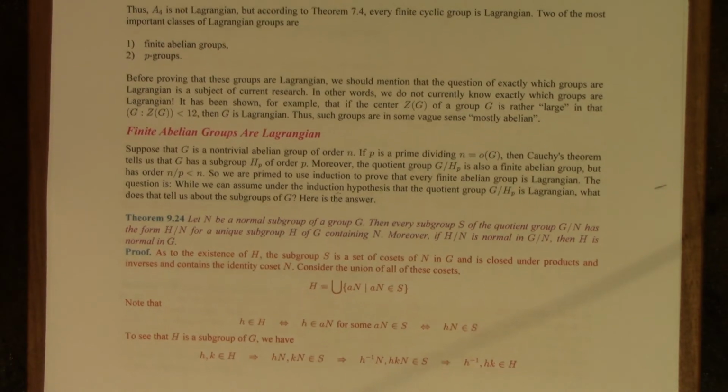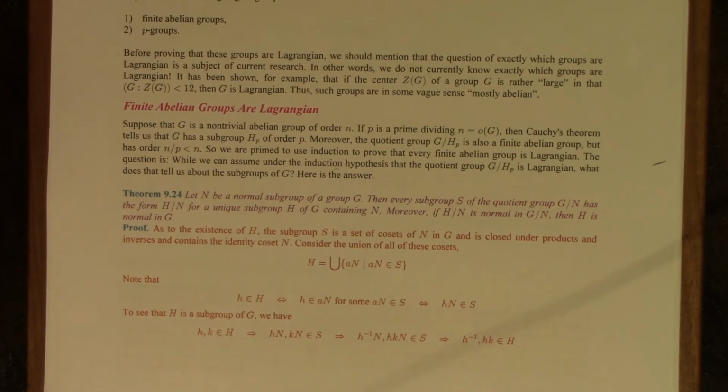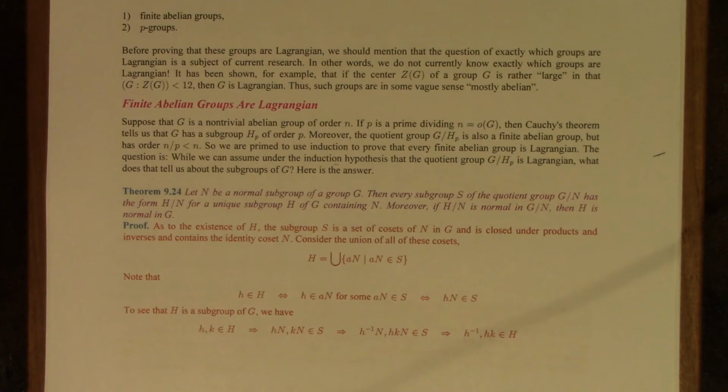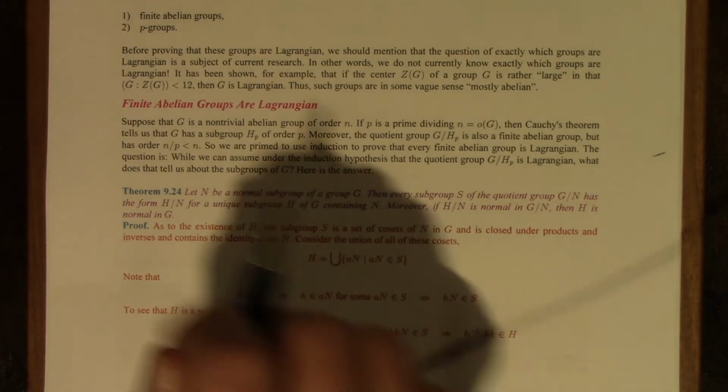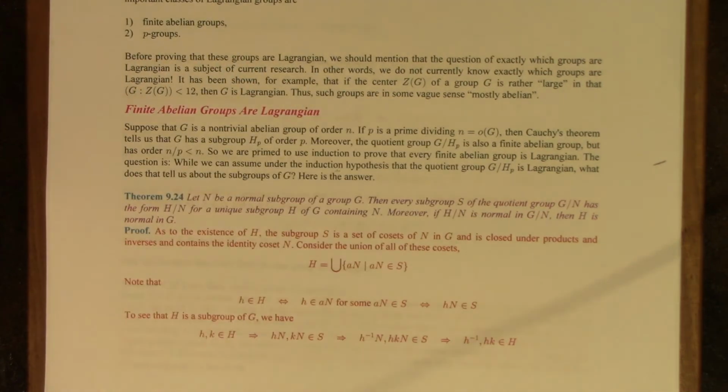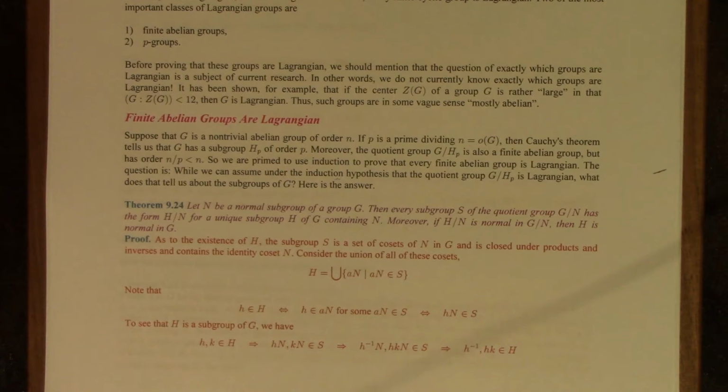But there are a lot of other results along these lines, and they involve concepts that we haven't discussed and won't discuss, such as nilpotence and supersolvability. So we're going to have to end this conversation here. But let's prove that finite abelian groups and P groups are, in fact, Lagrangian.